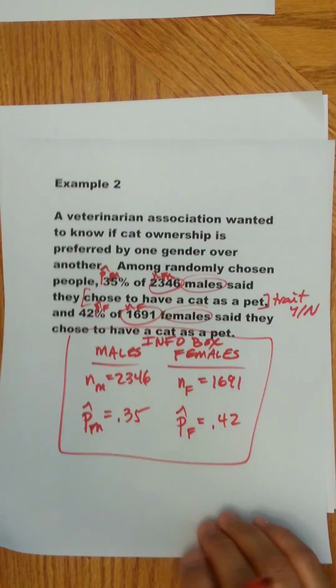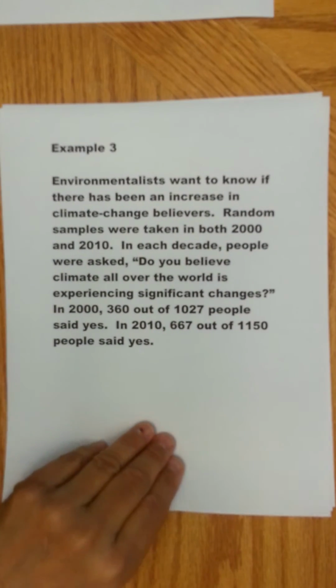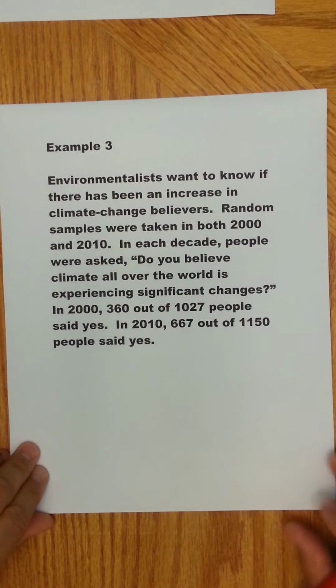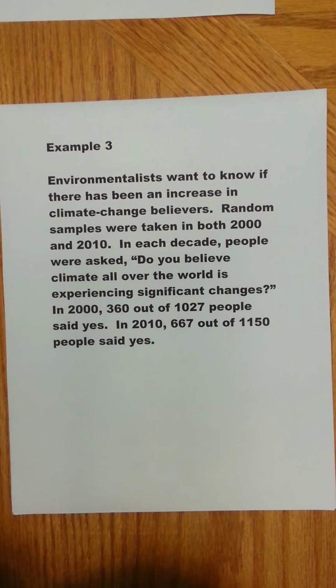Okay. And last example, again, you might want to pause the video and give it a try. So environmentalists want to know if there has been an increase in climate change believers. Random samples were taken in both 2000 and 2010. In each decade, people were asked, do you believe climate all over the world is experiencing significant changes? In the year 2000, 360 out of 1,027 people said yes.